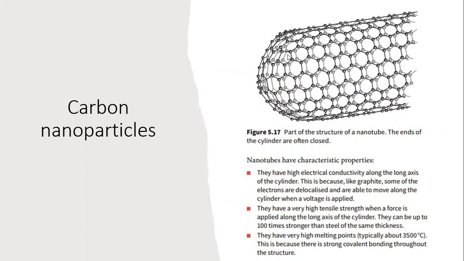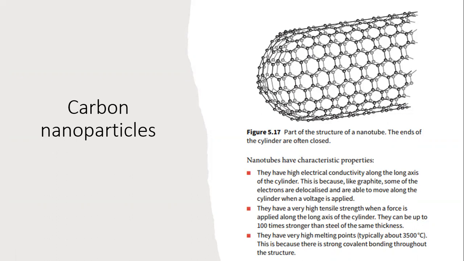Nanotubes are made of hexagonally arranged carbon atoms, with just a single layer that is bent to form a cylinder, or a tube.